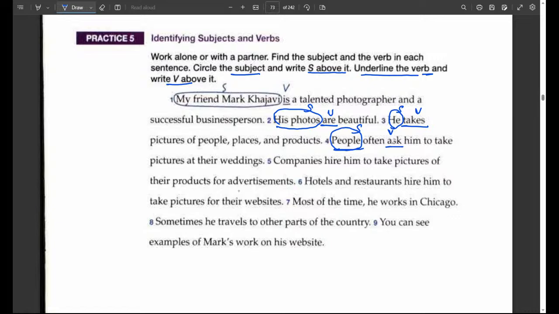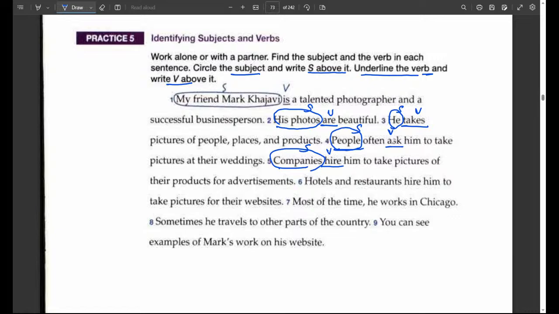Companies hire him to take pictures of their products for advertisements. So companies is the subject, hire is the verb.